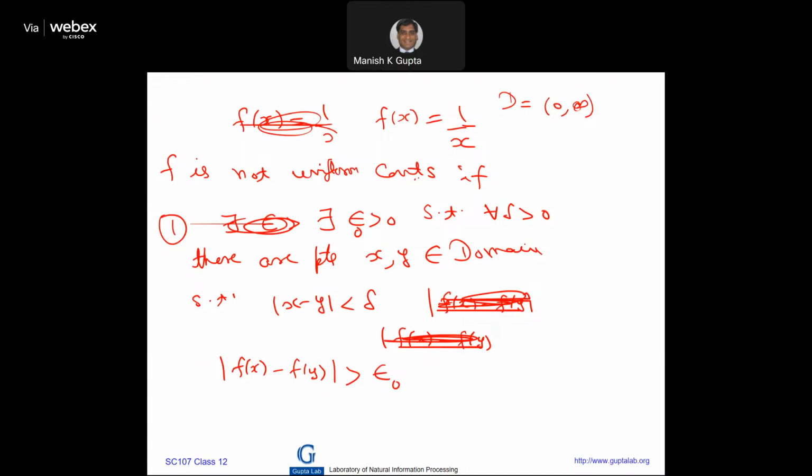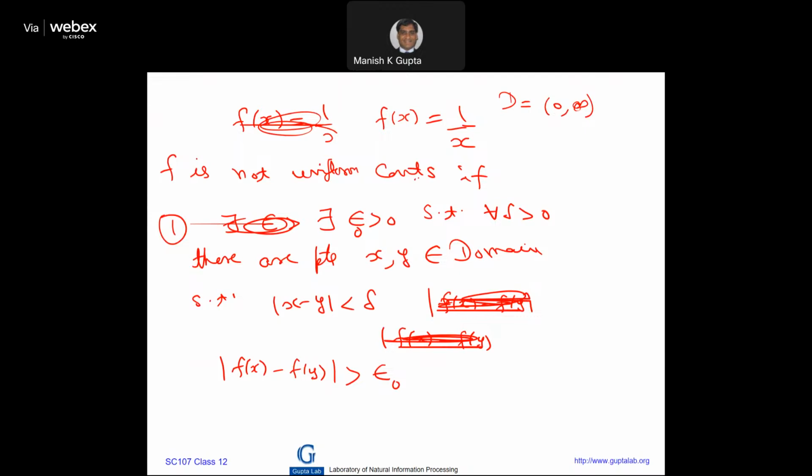Show that the corresponding images are bigger than epsilon, so mod of f of xn minus f of yn is bigger than epsilon. So what I'm doing is taking one epsilon for which this is bigger. That is enough to show that it is not uniformly continuous. Here I don't have to show it for every epsilon. If I have to say something in the negative, just choose some epsilon for which you are in a problem.